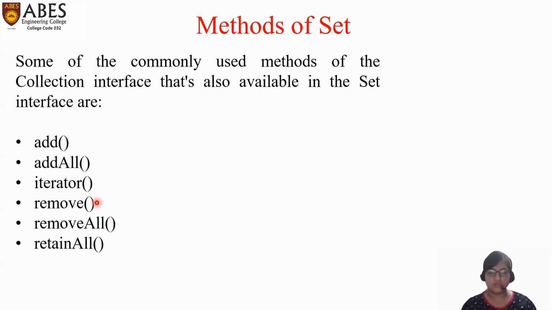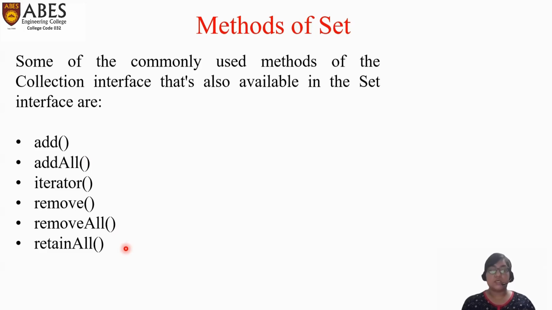We have the remove method. The remove method helps us to remove the specified element from the set. Next we have the removeAll method. The removeAll method removes all the elements from the set that are present in another specified set. Next we have the retainAll method.